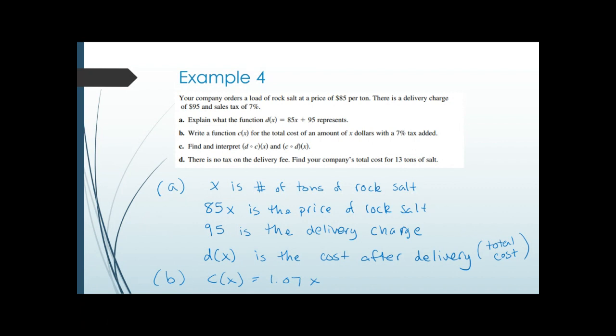That's how we figure out the total after tax. It's 1 for the amount plus the 0.07 to get the total. So our function for the total cost with 7% tax added would be 1.07x.